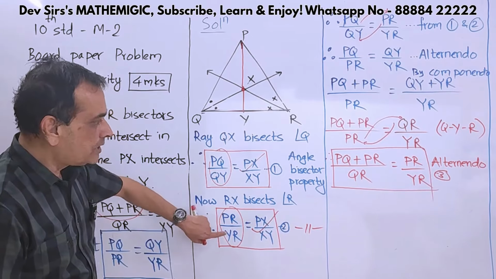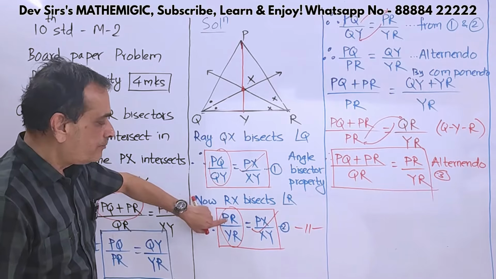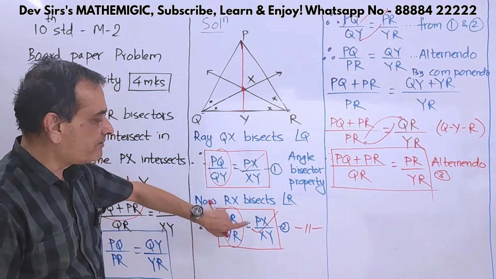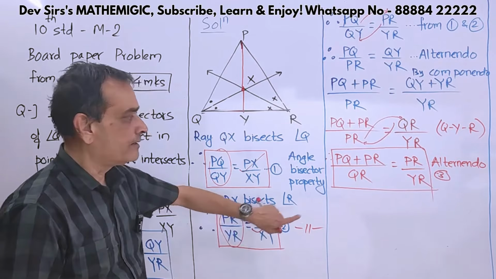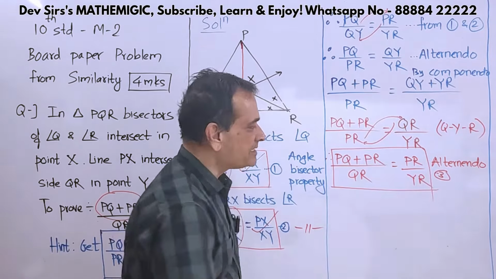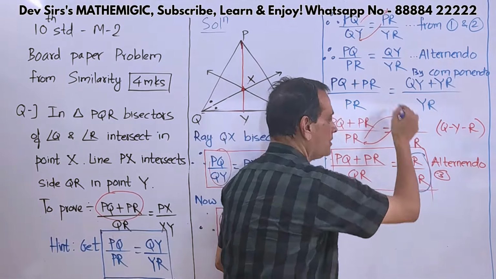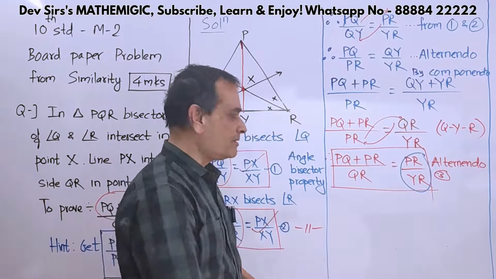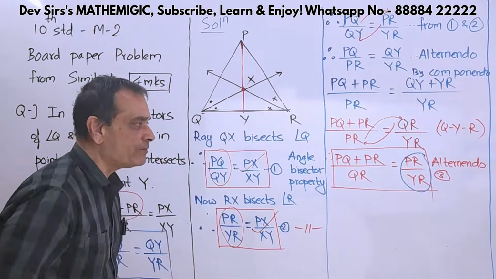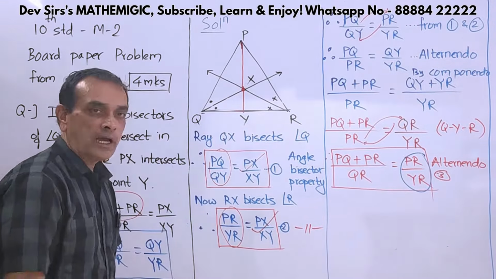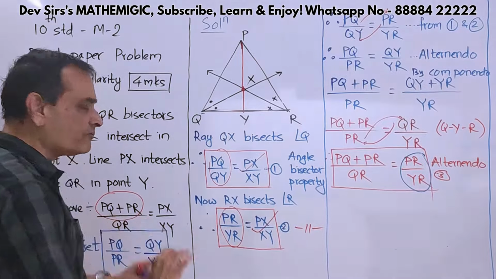In equation 2, it clearly says PR upon YR is equal to PX upon XY. So just replace this. Isn't it interesting now? PR upon YR just replaced by PX upon XY, replacing from equation 2, and you have the answer in front of you.